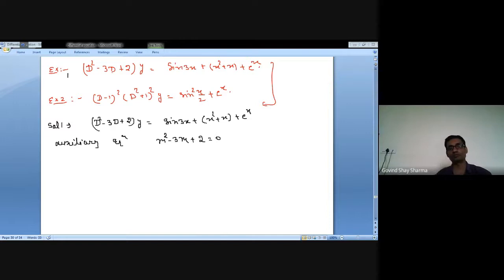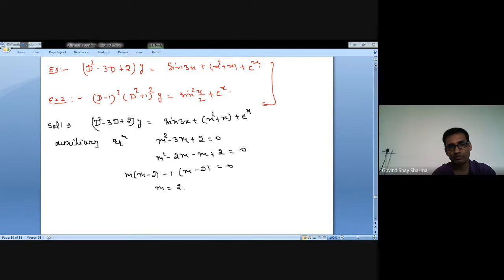Okay, so this can be rewritten as m minus 1 and m minus 2, so m is equal to 1, 2. These are the two roots of the auxiliary equation.